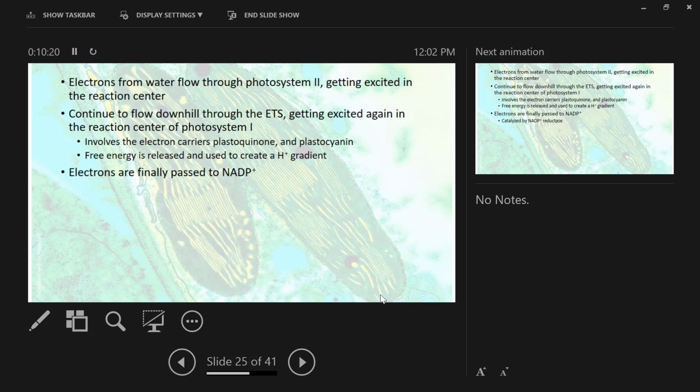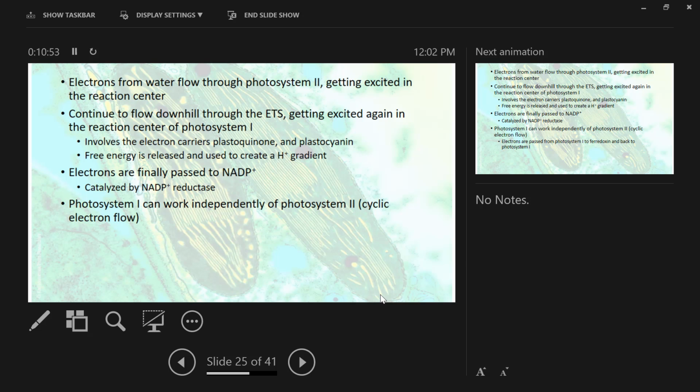The enzyme that catalyzes the transfer of electrons to NADP plus is called NADP plus reductase or NADP plus dehydrogenase. Two names for the same enzyme. Okay, I'll show you a picture of this. It'll start to put it all together. We'll have a lecture break that will hopefully continue to put it all together.